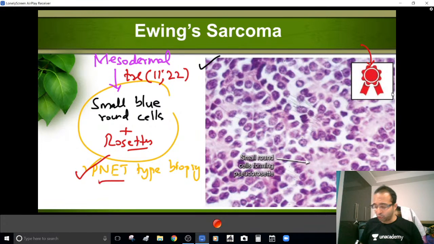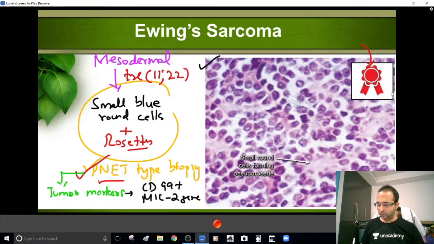So you are supposed to stain this biopsy with tumor markers to decide that you are dealing with a case of Ewing sarcoma, and Ewing sarcoma is CD99 positive and MIC2 gene positive. Only when you have this PNET biopsy positive for CD99 and MIC2 gene, you call this biopsy Ewing sarcoma. Otherwise, it could be even neuroblastoma, retinoblastoma, lymphoma, pineoblastoma. They are all neuroectodermal tumors.